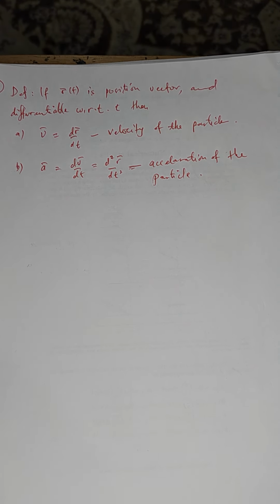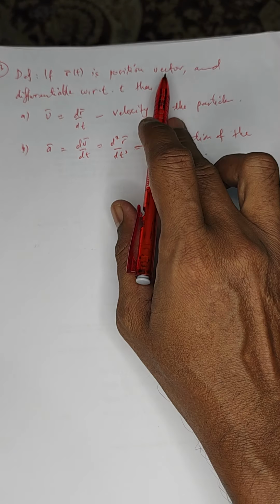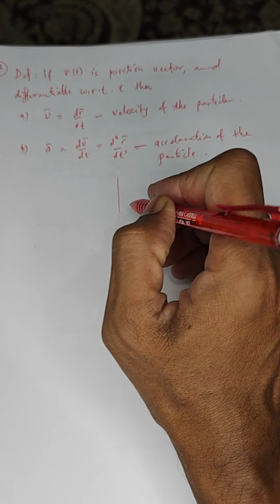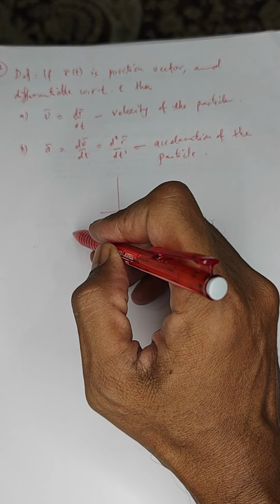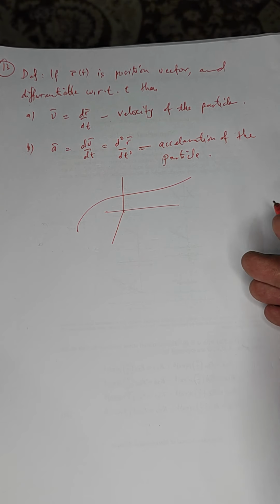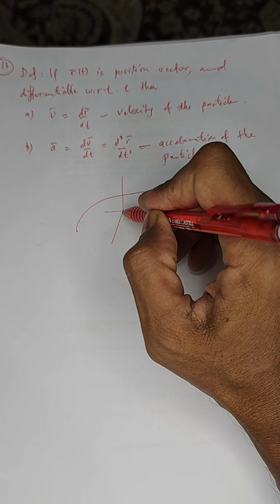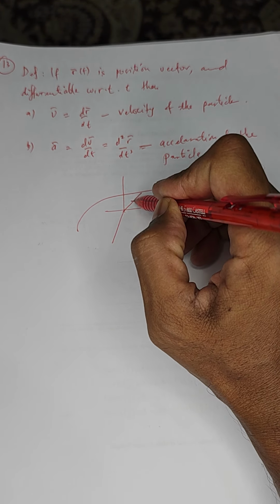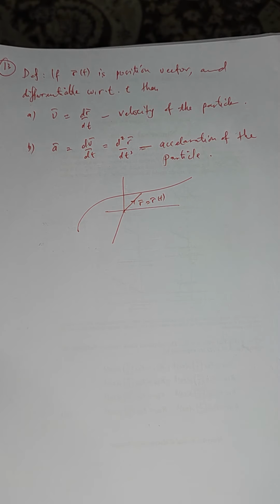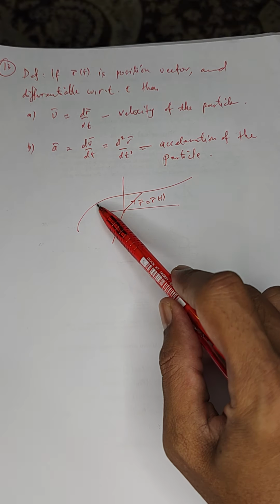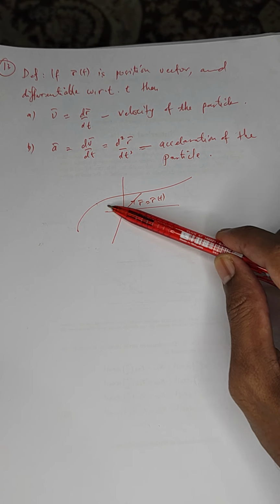So this is not difficult to understand. Just consider r as a position vector, where we have some particle or object moving from some point to other points, right? Where a position vector or position is there. This is our r(t). At any point, you can have a point here, then r(t) is there.